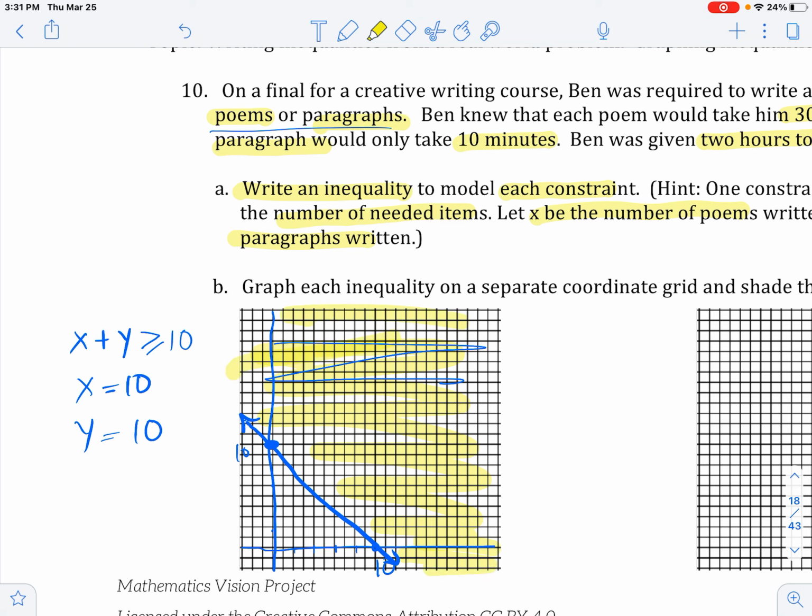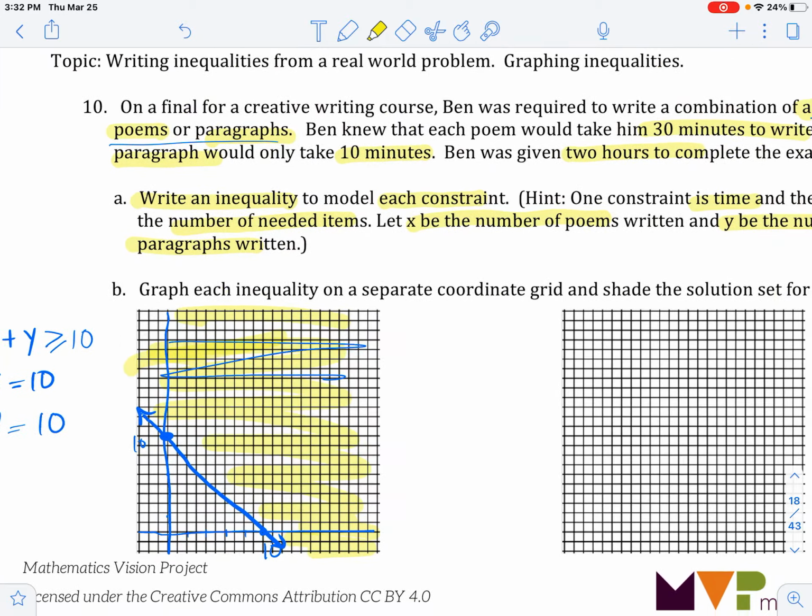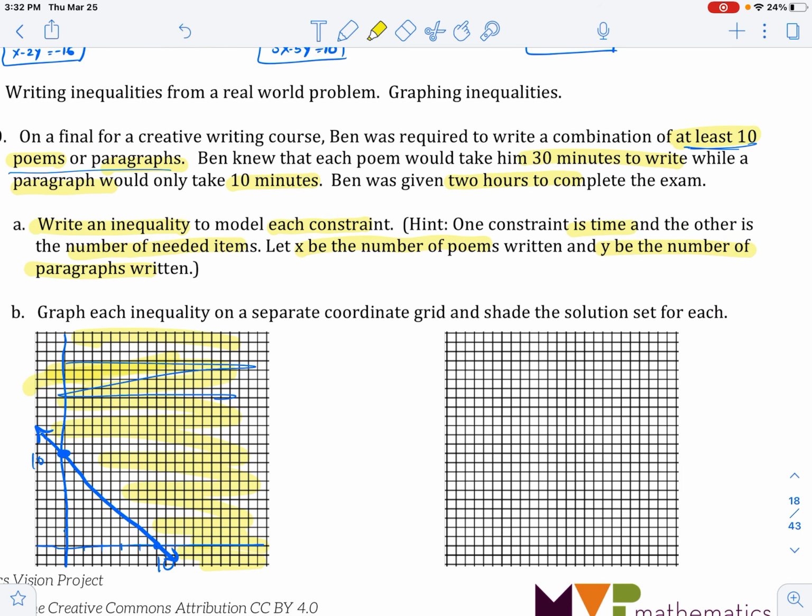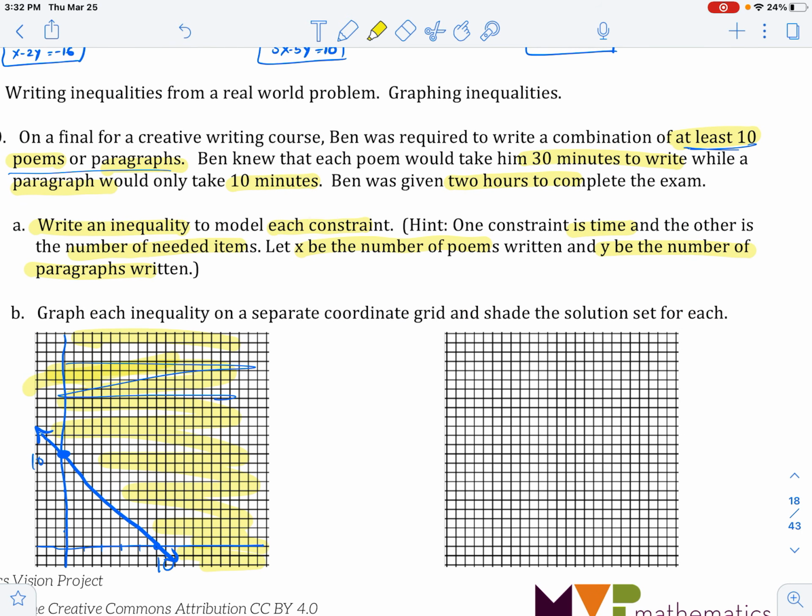Let's move to the other constraint where it talks about Ben taking 30 minutes to write a poem and 10 minutes to write a paragraph.